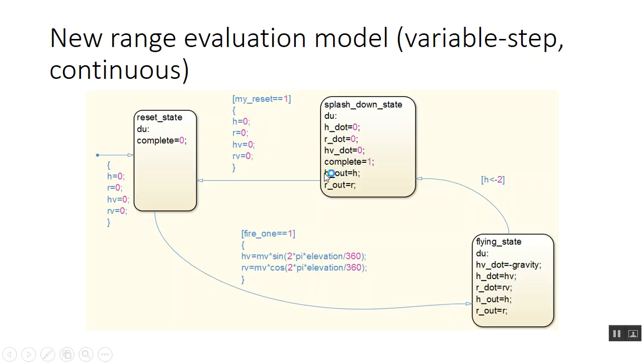That gets us into the splashdown state, where we can report how far that particular elevation setting took us. It sets everything to 0, not H and R, because we need to know that. So it puts the output H out equals H and R out equals R, and it'll stay there until we reset, and then the whole thing starts over again.